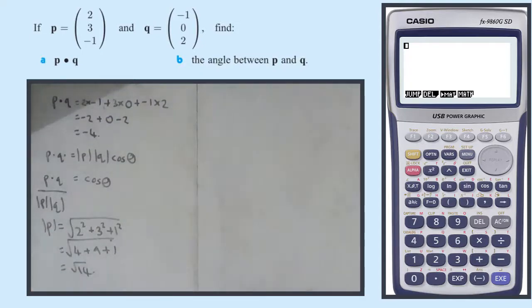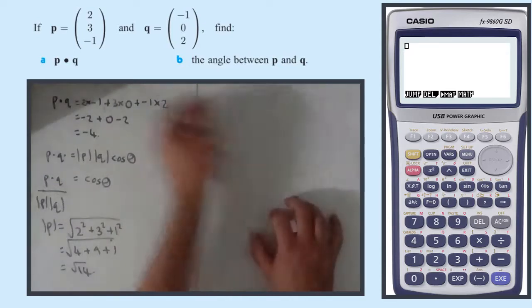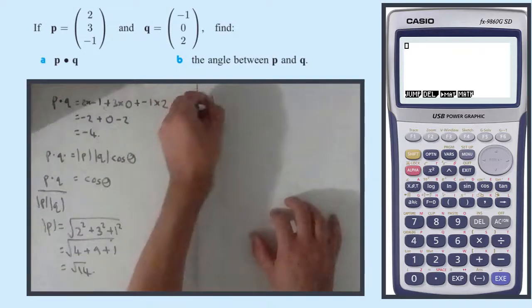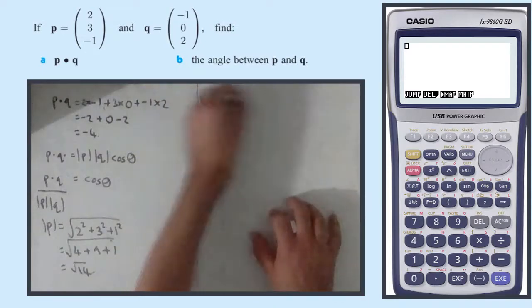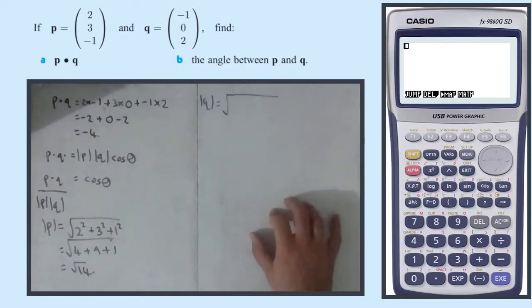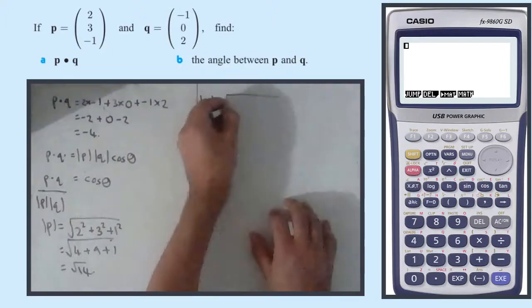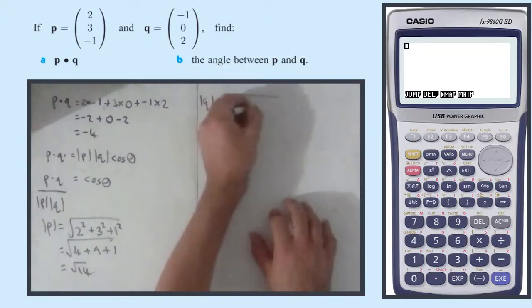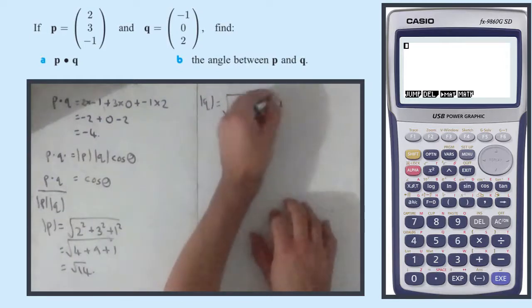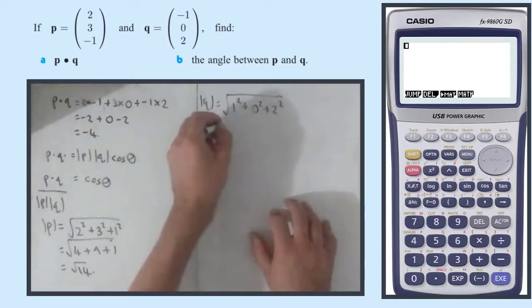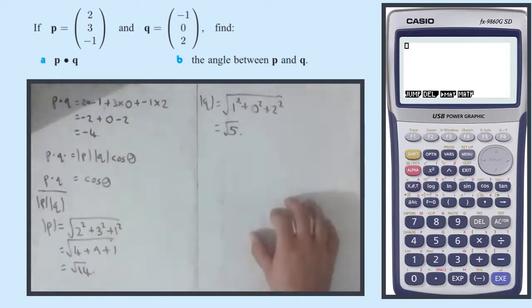Don't bother changing that into 3 significant figures, it won't help you at all. We're going to use it in a calculation. In the same way, the modulus of Q equals the square root of 1 squared plus 0 squared plus 2 squared. 1 squared is 1, 2 squared is 4, 1 plus 4 is 5, so it's root 5.